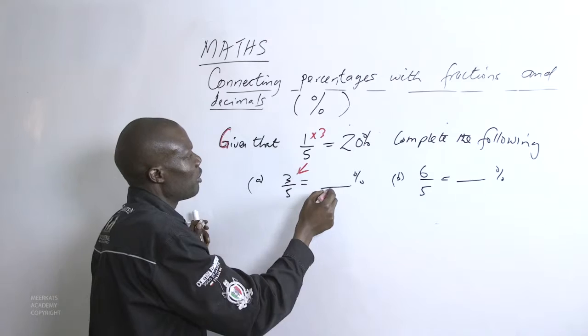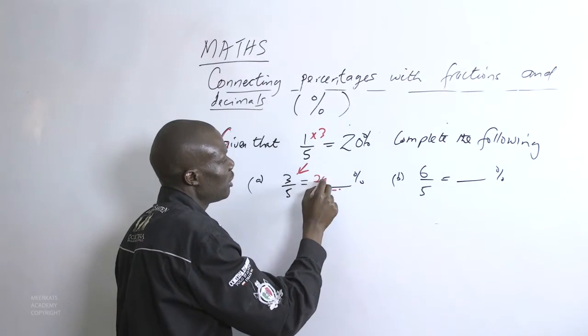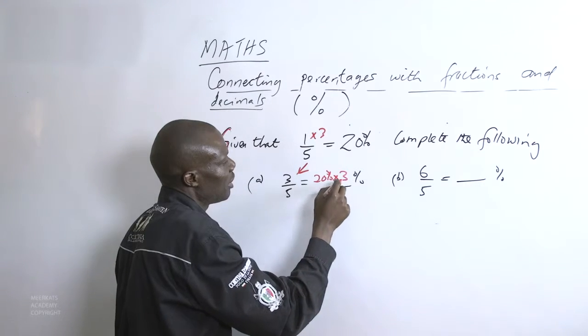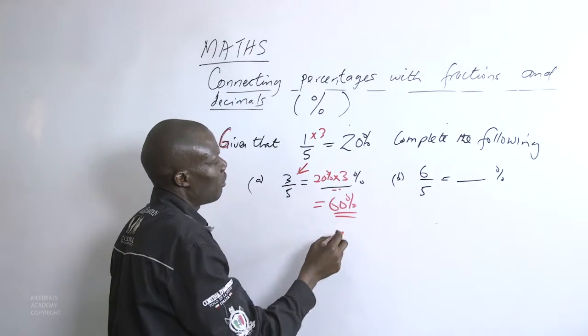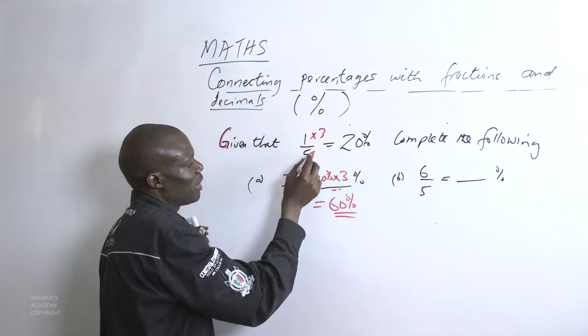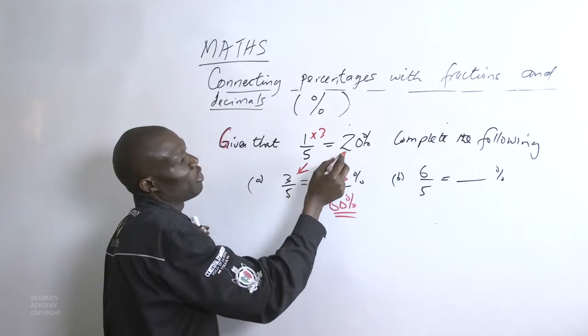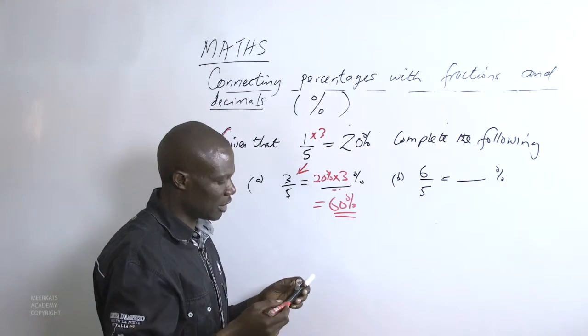Therefore, the solution is 20% times 3, which gives us 60%. If we multiplied a fifth by 3 to get 3 over 5, then we also multiply 20% by 3 to get 60%.